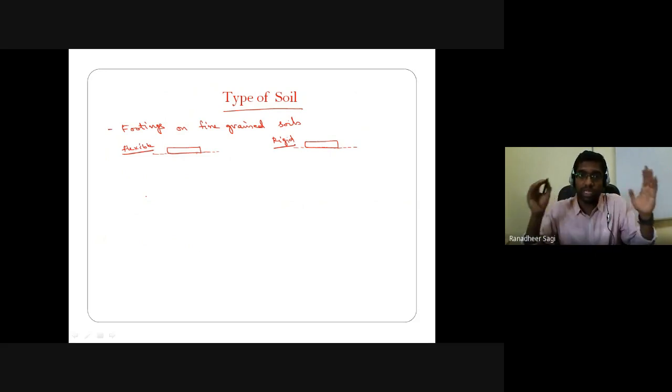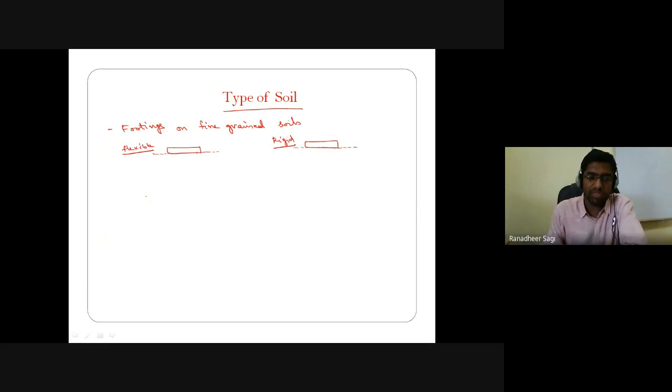If it is maximum at the edge, it is going to be minimum at the center. If it is going to be maximum at the center, then the settlement is going to be minimum at its edges. Okay, so that is something what we should be knowing. So what we see is, the settlement in the case of your flexible footing is going to be minimum at the edges when it is resting on fine grained soil, and it is going to be maximum at the center.